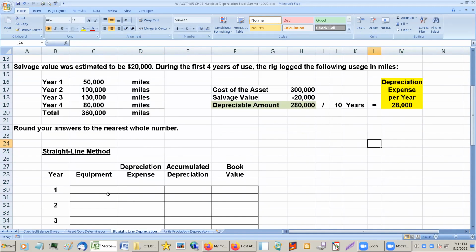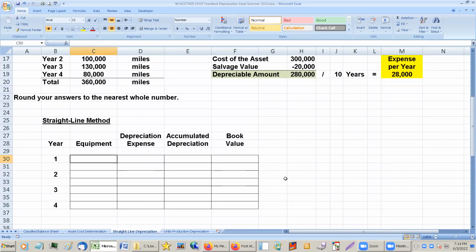Okay, well, let's fill this in down here. The equipment. The book's at 300,000. I'm sorry. Depreciation expense is the 28,000, and that amount is going to be the same every single year.